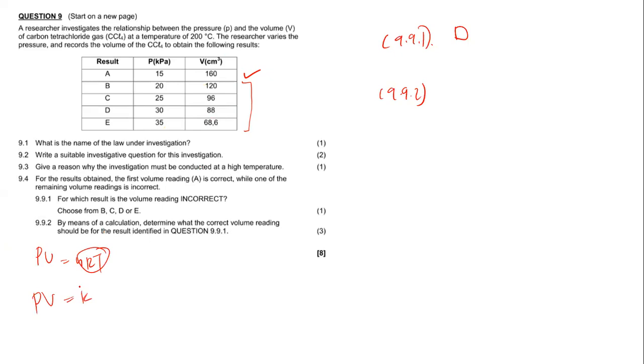Because we want to talk about two experiments, A and D, we're going to have P1V1 and P2V2, because this is supposed to be the same constant. So P1V1 equals P2V2.